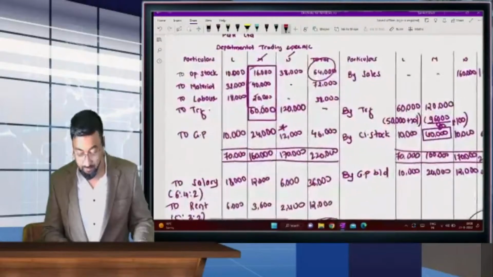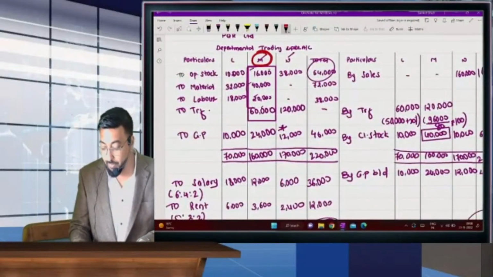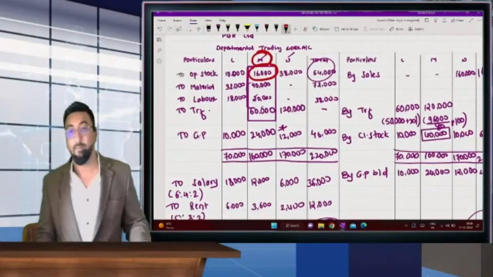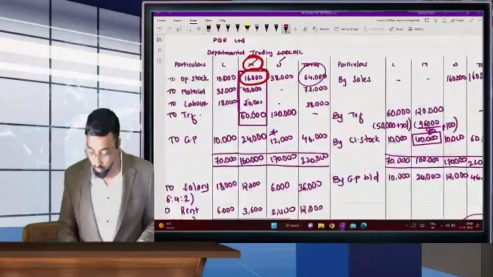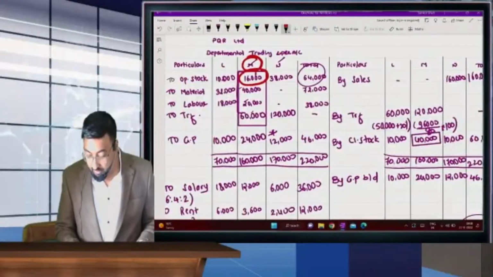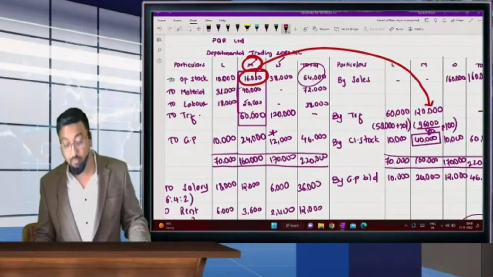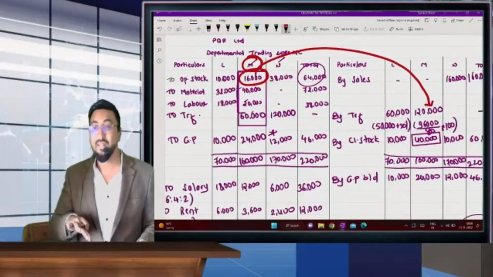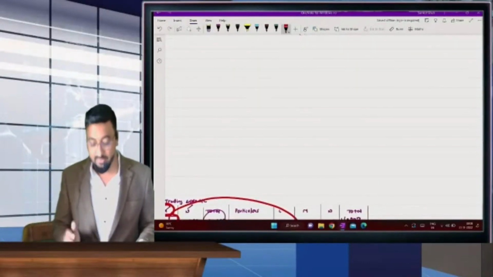See, M opening stock is 16,000. We will assume this is the first in, first out method, so we transferred it to N. See, I will tell you a simple example.